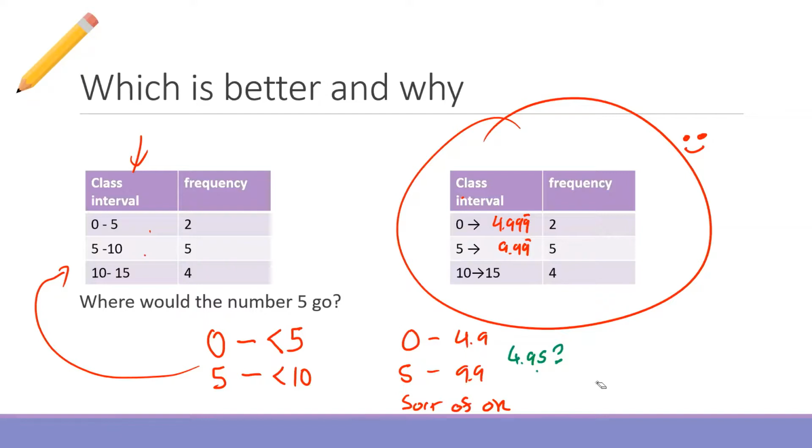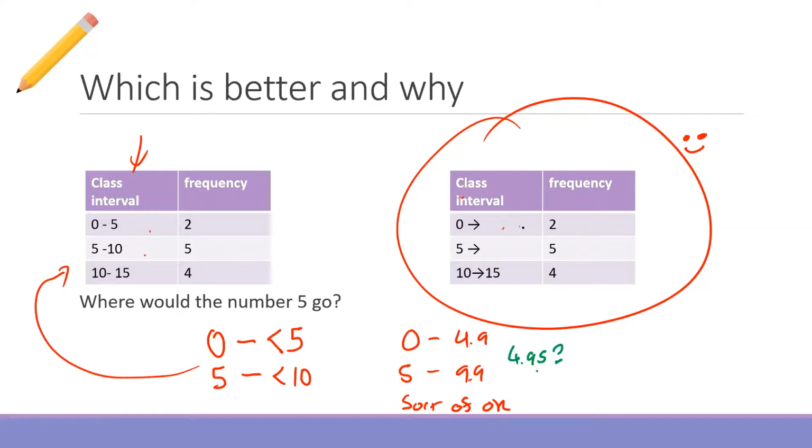So the moral of the story is, if you see numbers that look like this, then don't feel like that's wrong. That doesn't necessarily mean that it's wrong. It just means that you are looking for values between 0 and 5, including 4.9, including 4.8 and stuff.